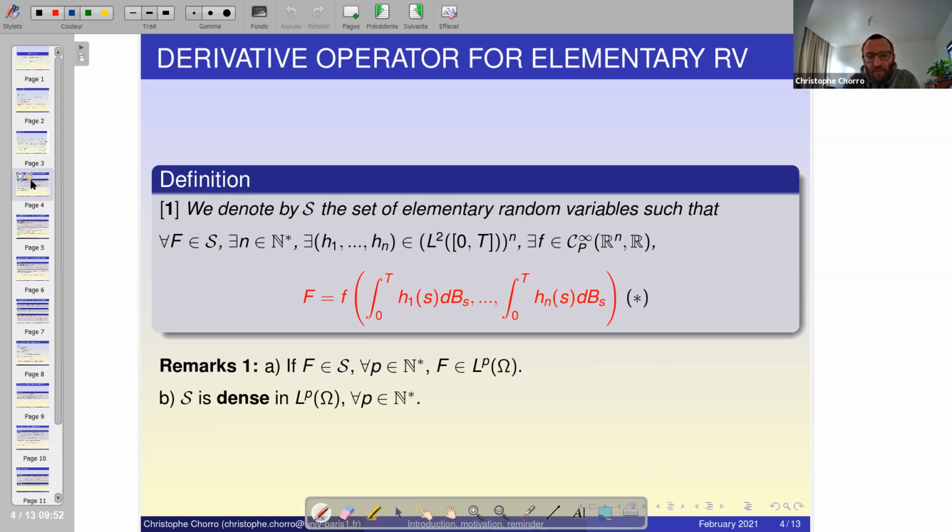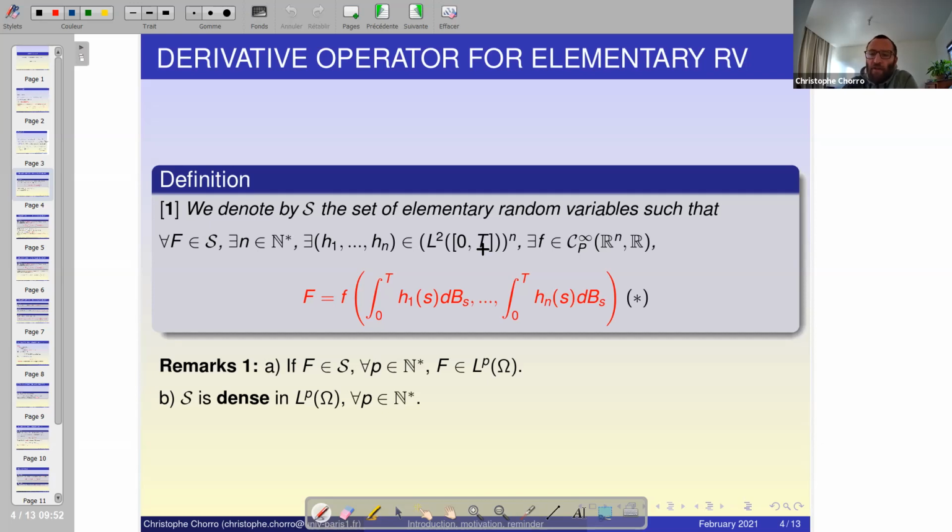I say that F belongs to calligraphic S if there exists an integer n that is not zero, there exist h1, ..., hn elements of L2 of 0 to capital T, and a mapping f that belongs to the set of mappings of class C infinity with polynomial growth, such that capital F is equal to f of the Wiener integrals related to h1, h2, ..., hn belonging to L2 of 0 to capital T.